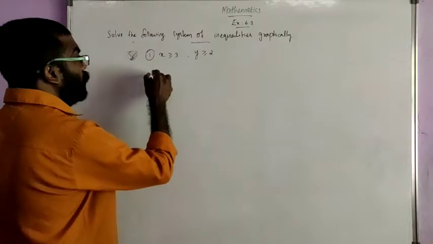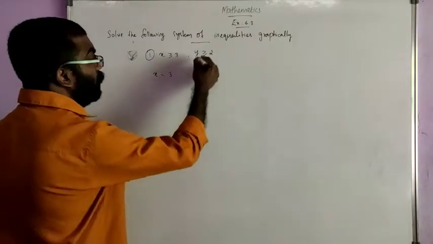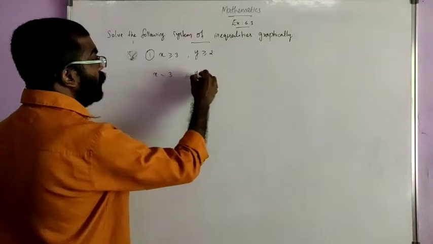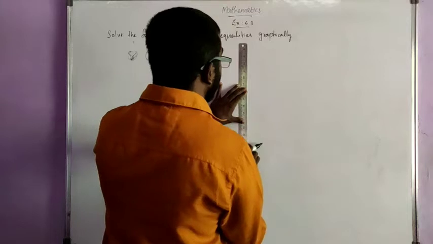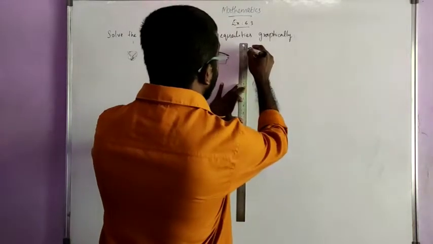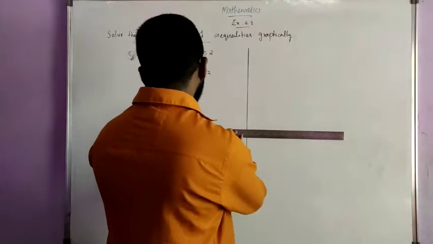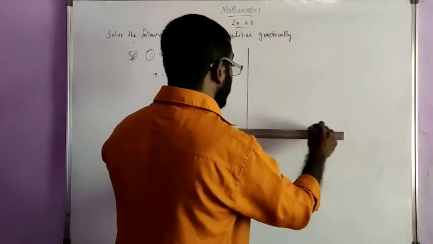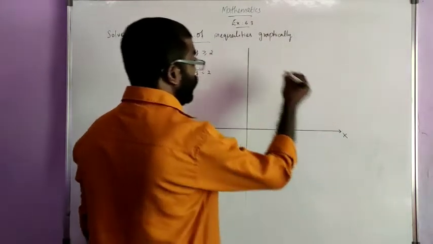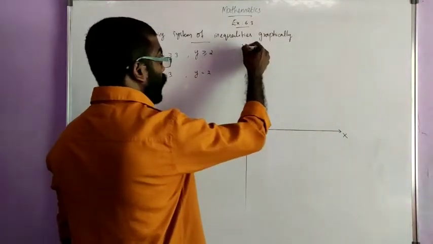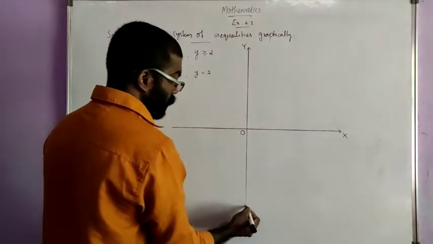So x greater than or equal to 3, we can consider this as x equal to 3, and y greater than or equal to 2, we can draw the line y equal to 2. So the horizontal axis we can mark as the x axis and the vertical axis as the y axis, and the point of intersection as the origin.